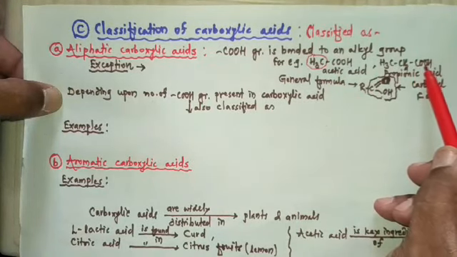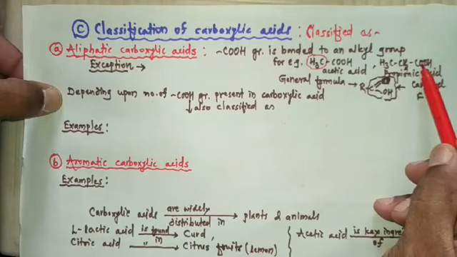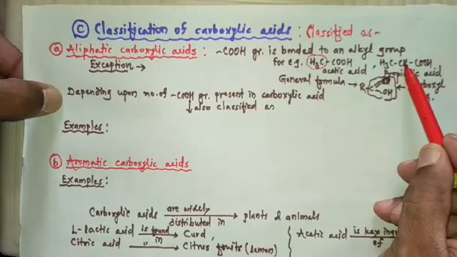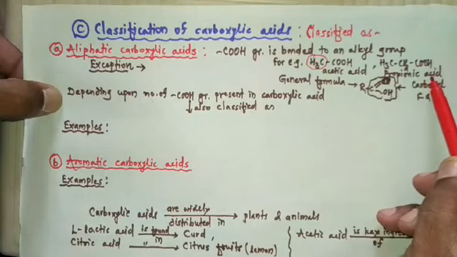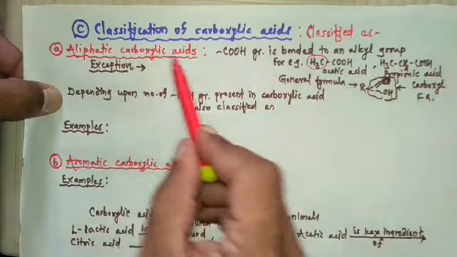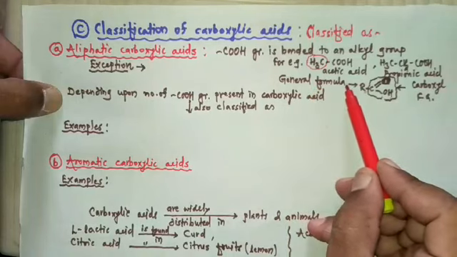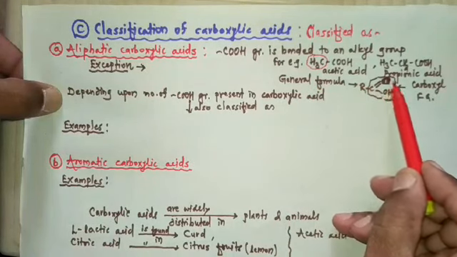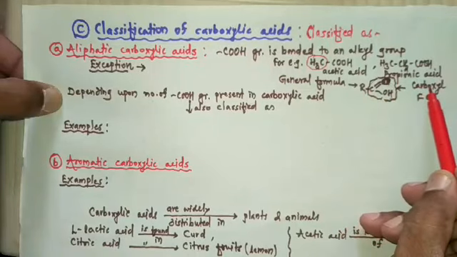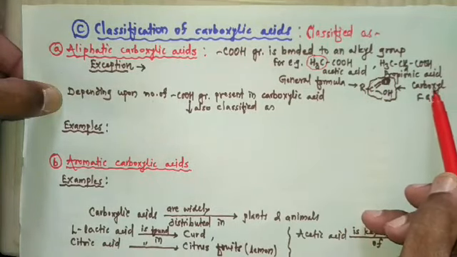So in this compound, carboxyl group is attached to this alkyl group. So it is another example of aliphatic carboxylic acid, and its name is propanoic acid. Aliphatic carboxylic acids can be represented by the general formula RCOOH, and this COOH group is the carboxyl group, or the functional group.